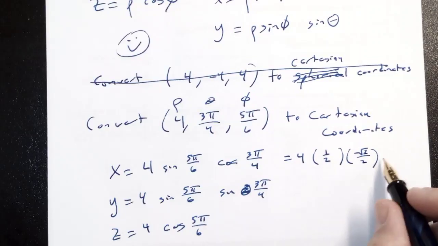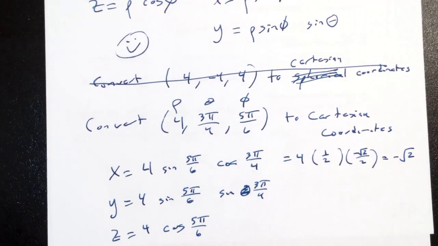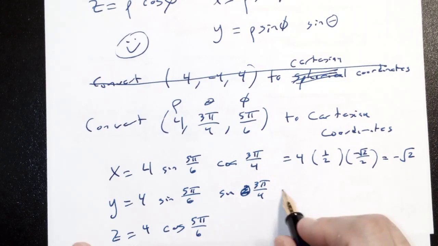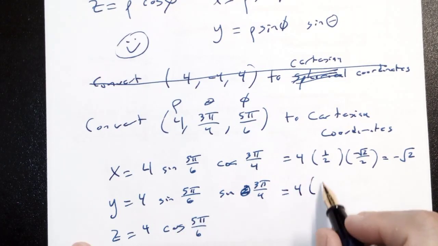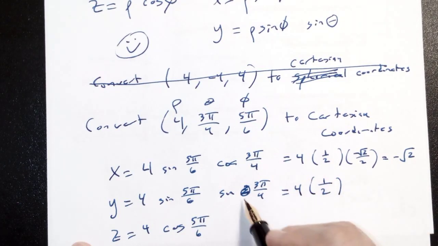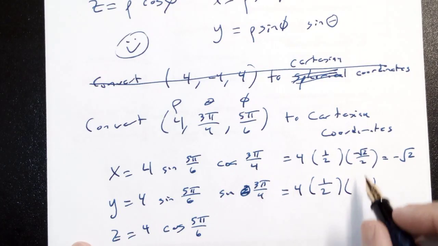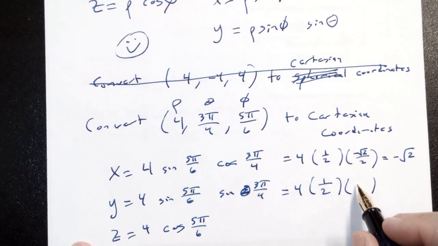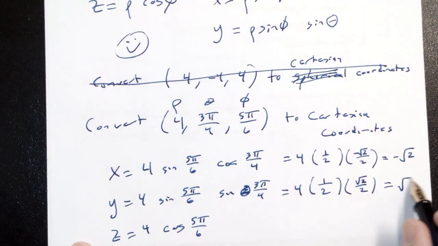Hey, the 4 cancels with the 2 2's on the bottom. I get negative square root 2. 4 sine of 5 pi over 6. Sine of 3 pi over 4. What's the sine of 3 pi over 4? Hey, those cancel.